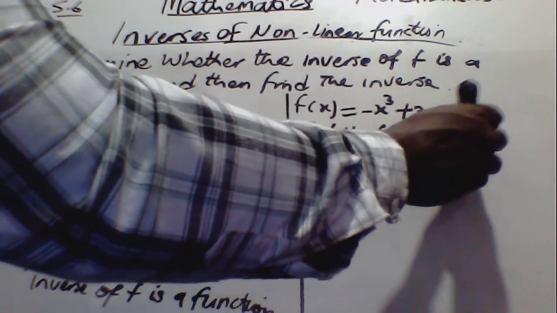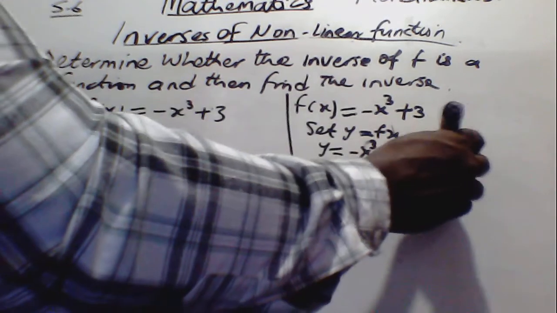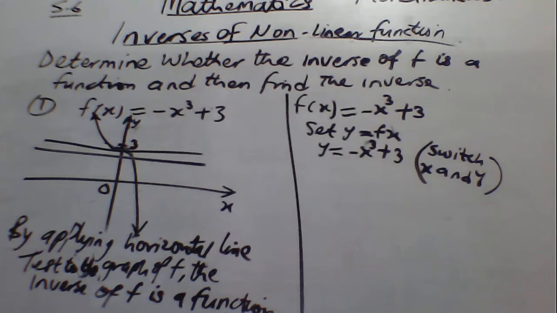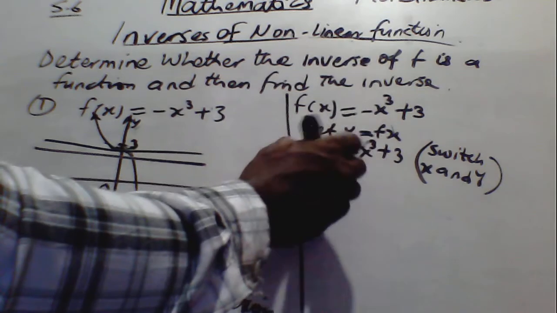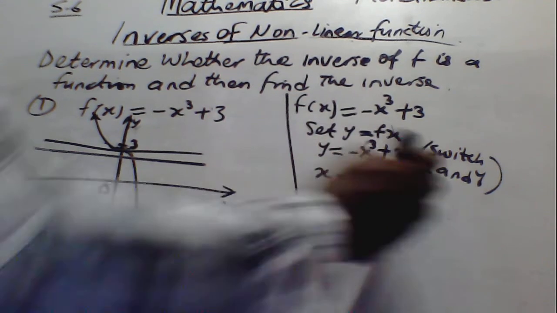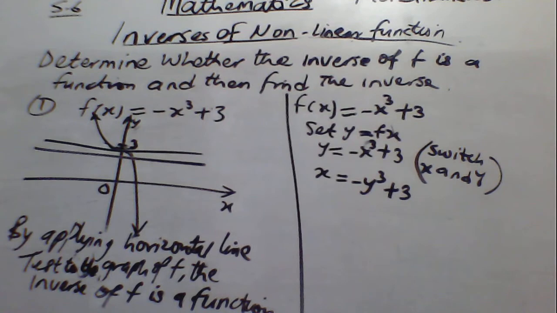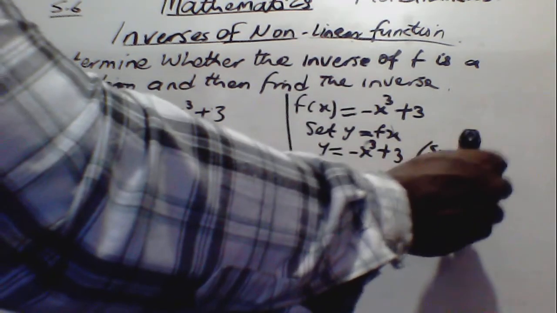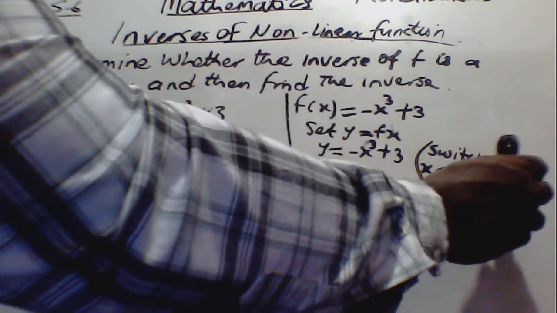The next is to switch x and y. Hope you are following. We now have x equals minus y raised to power 3 plus 3, and then you solve for y.